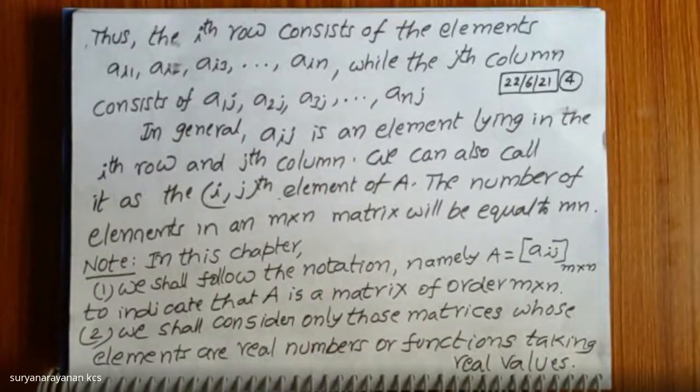In this chapter, we take the elements of a matrix as real numbers or functions whose values are real values.